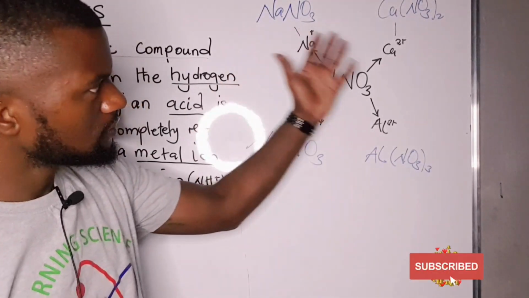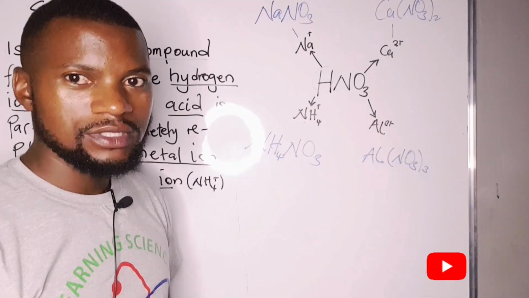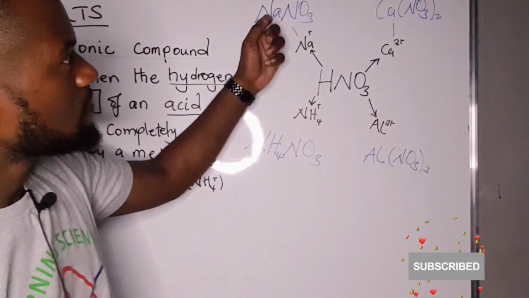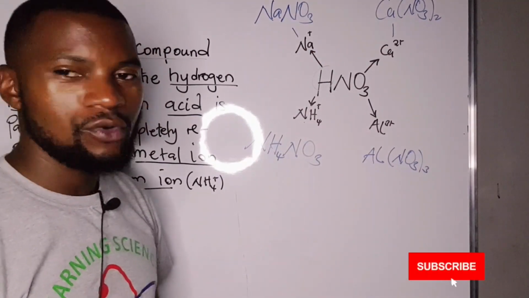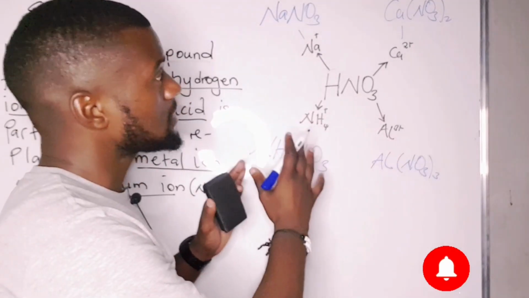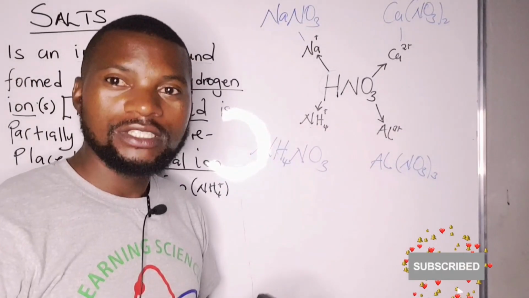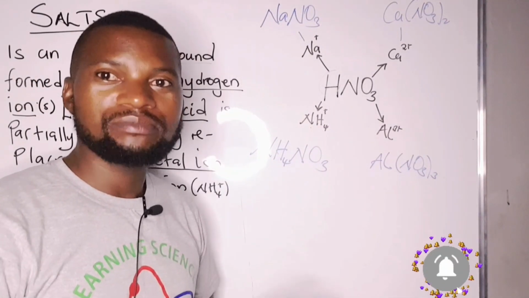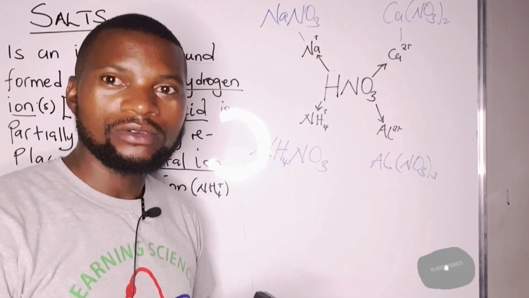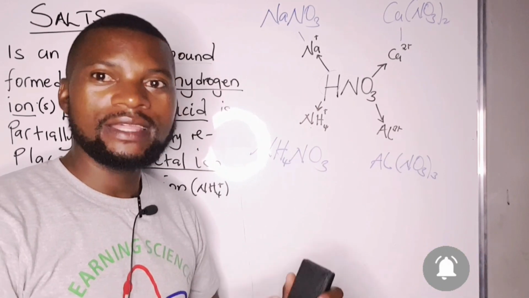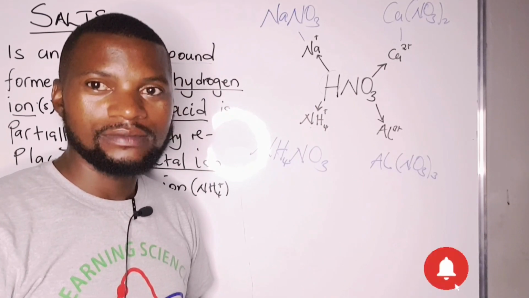And these are what we can call the nitrate salts: sodium nitrate, calcium nitrate, aluminium nitrate, and ammonium nitrate. This simply shows that for a salt to be formed, there must be replacement of the hydrogen ions of an acid by either the metal ions or the ammonium ions.